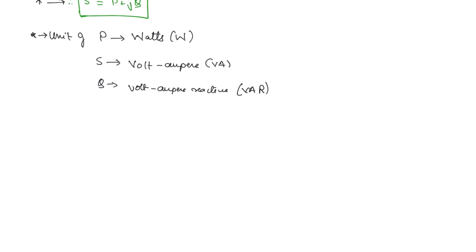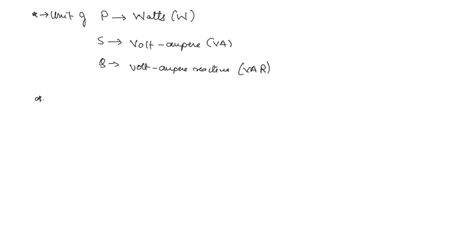Now the next point that you need to know is how the value of reactive power varies with each load. So reactive power Q is equal to 0 for purely resistive loads. For purely resistive loads, theta V is equal to theta I, right?